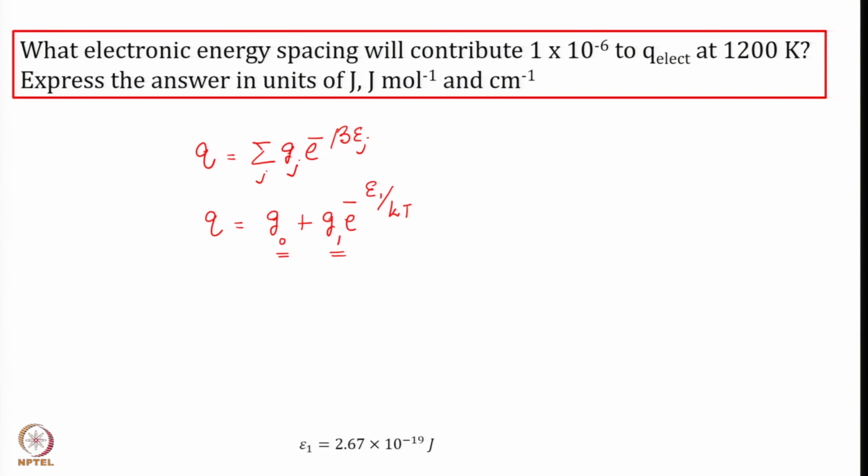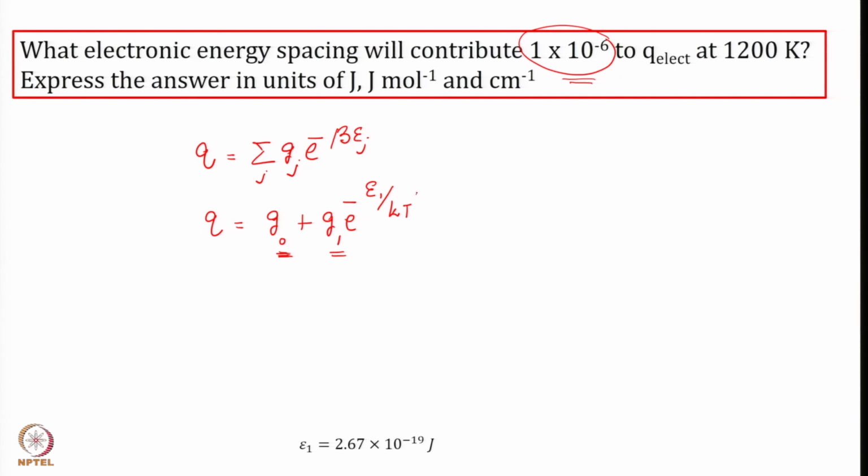The question is, what electronic spacing will contribute this much to Q electronic at 1200 Kelvin? That means the degeneracy of the ground state contribution is anyway there. Over and above, what electronic spacing will contribute this 10 raised to the power minus 6? 10 raised to the power minus 6 is also not very large.